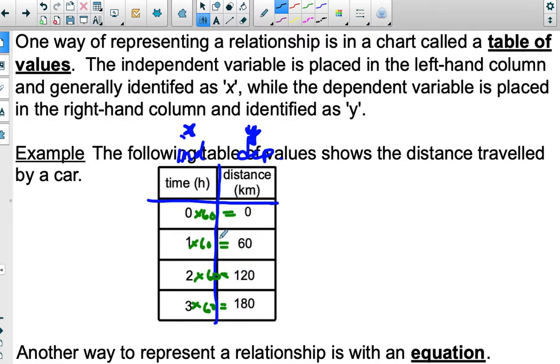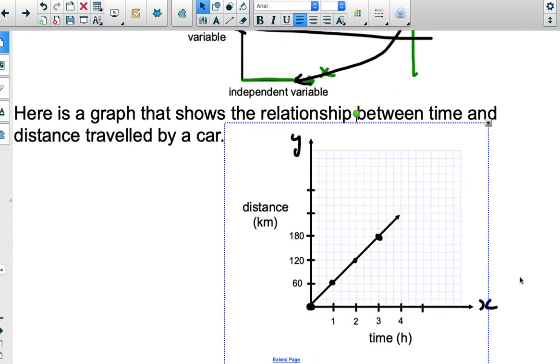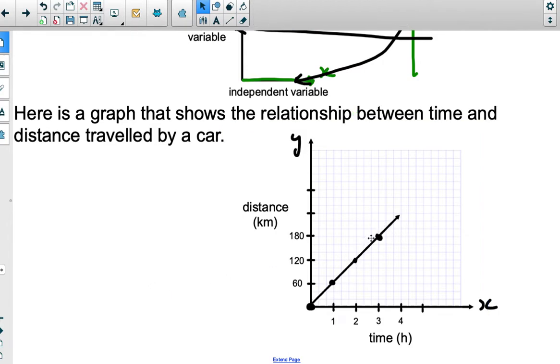Sometimes that pattern is not always as evident, but when you go to a picture of the data, a graph, very quickly we can say, oh yeah, there is a relationship, and in fact this is a linear relationship. It forms a straight line. So that's what a graph does. It allows us to see a relationship.